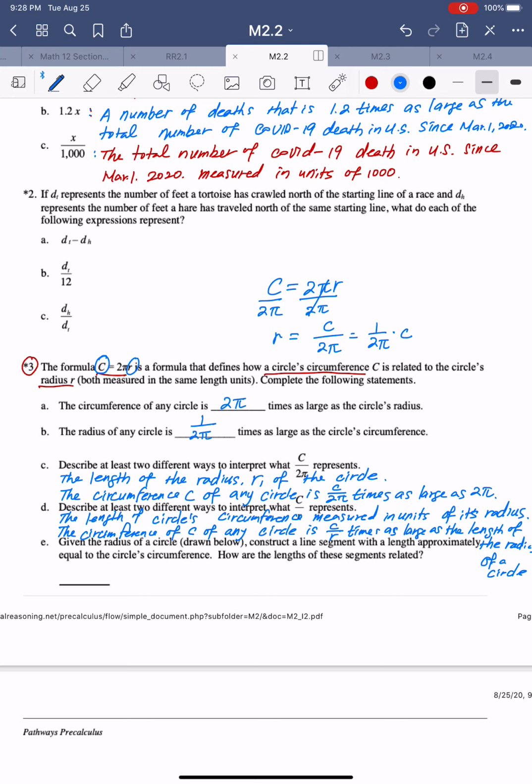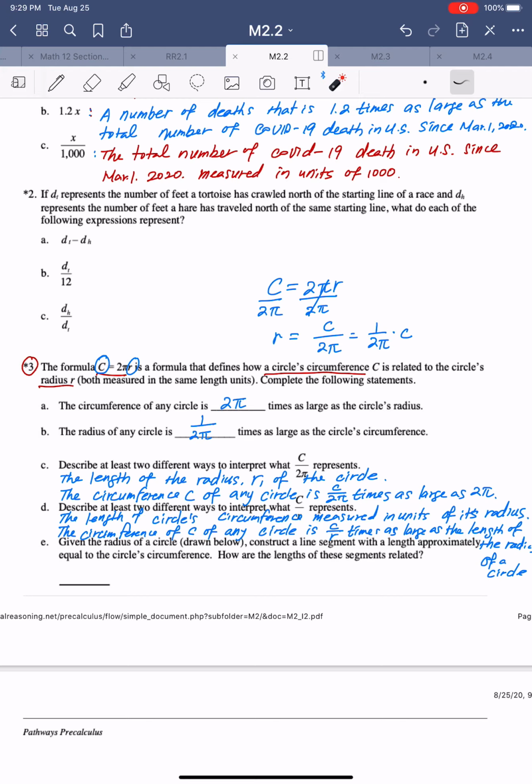Given the radius of the circle we drew below, which is the length of the radius of the circle, construct a line segment with a length approximately equal to the circle's circumference. So how are the lengths of these segments related? We need to know the relation between the radius and the circumference.